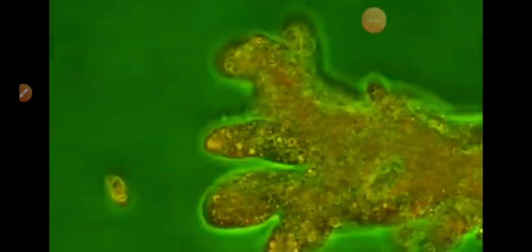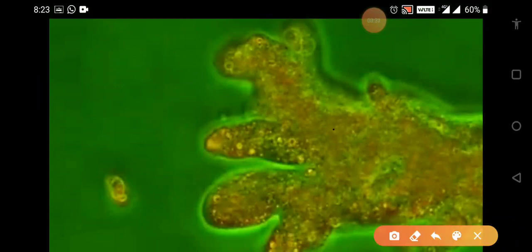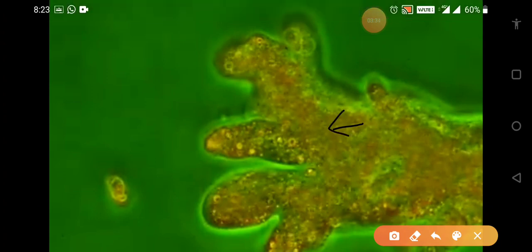See students, in front of you there is another unicellular organism, the amoeba. This is the amoeba, and there is some food here, which the amoeba will catch and form a food vacuole. Let us see how it happens.